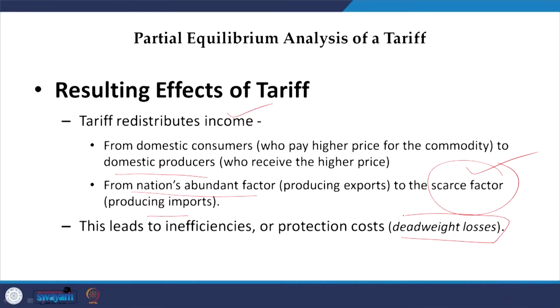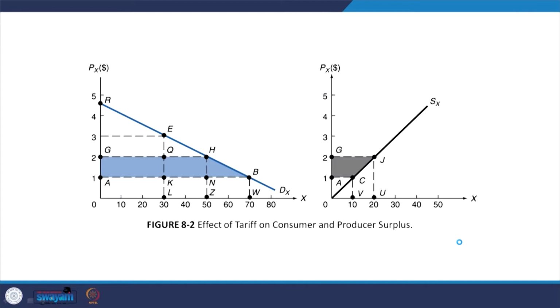So, this leads to inefficiencies or protection cost. Those can be explained with the help of deadweight losses in the diagram. Okay, so we have already explained this: if price increases, then the total area is consumer surplus. Now, the net area this much is consumer surplus. So, this is the loss of consumer surplus, and this is the revenue.